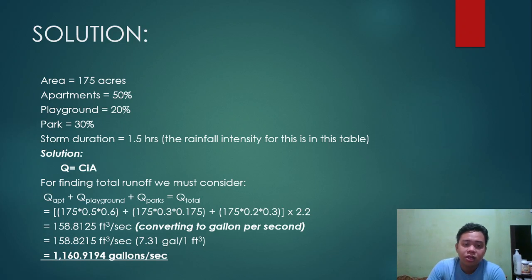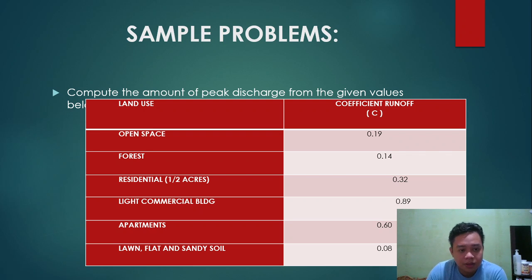So what if there are a lot of types? Again, we use this formula, the summation of Q, to get its total. So proceed to the next problem. We have this: compute the amount of peak discharge from the given values. There is a table given.